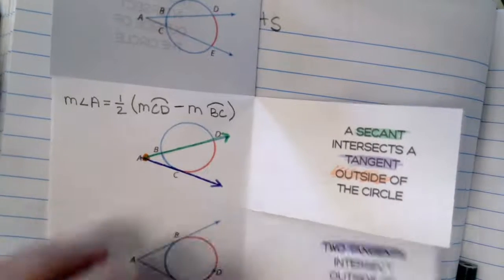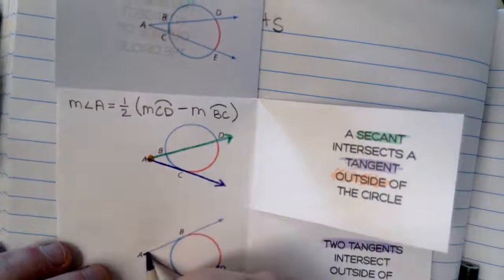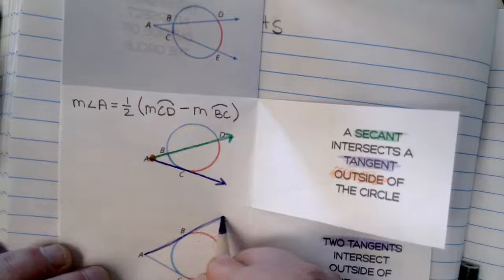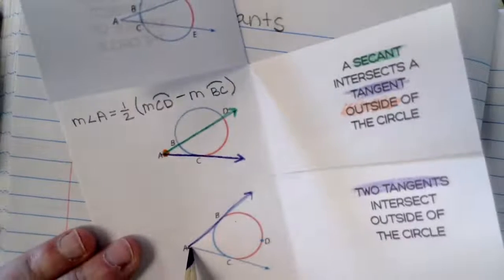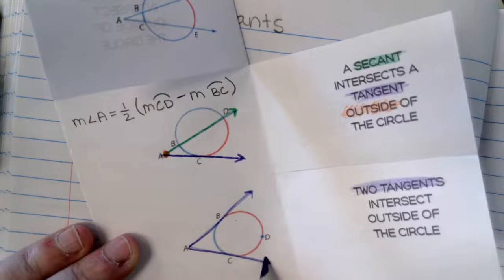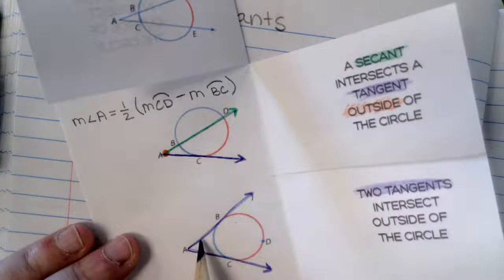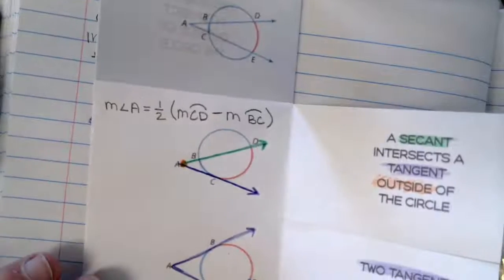But those purple lines, they intersect each other outside of the circle. So where they come from? They come from point A, that's on the outside of the circle.